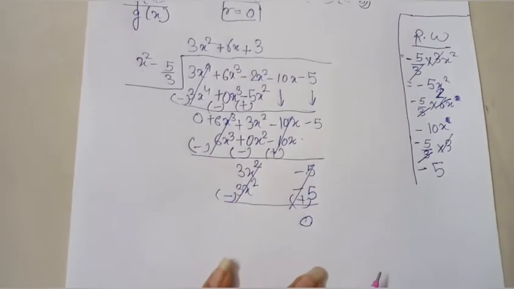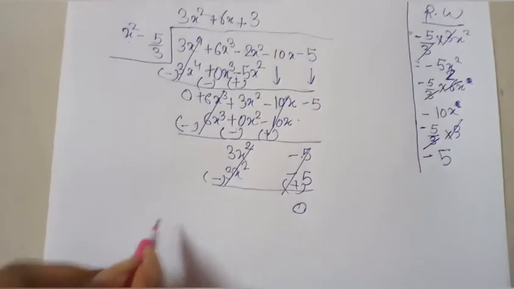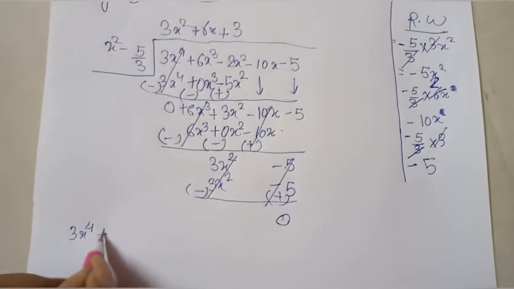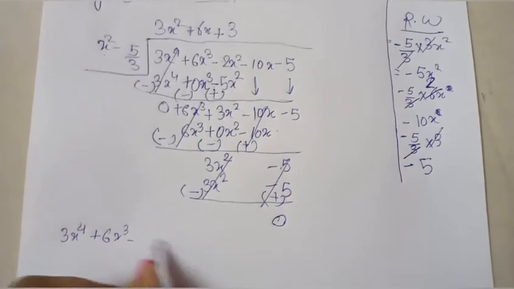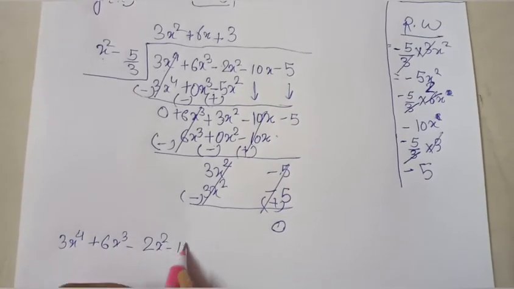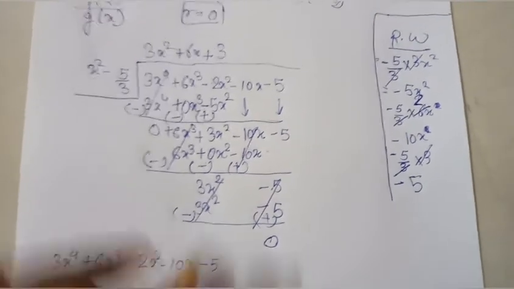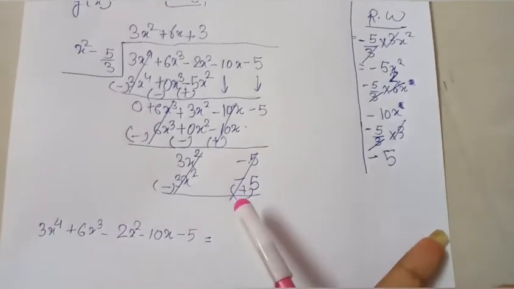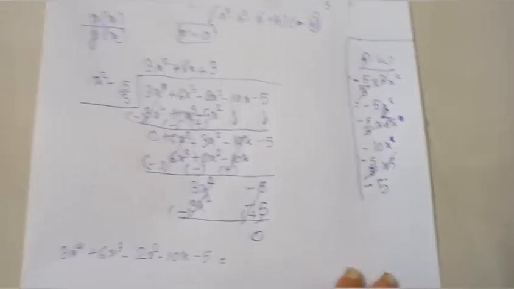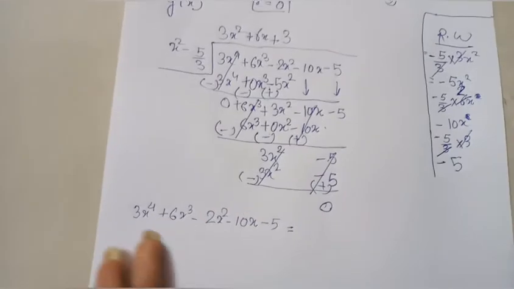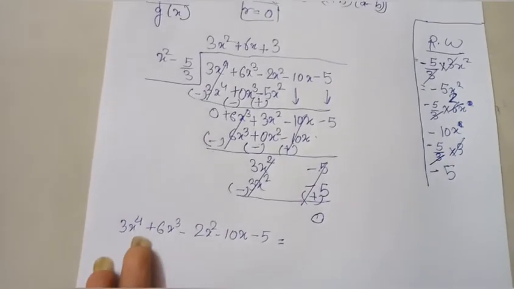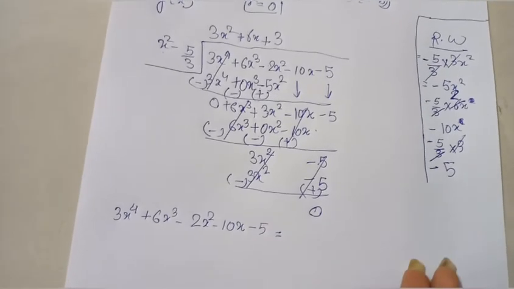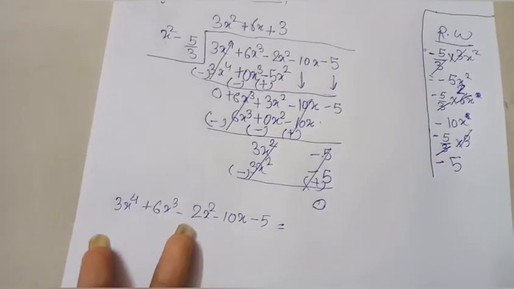Now what can we do? We can write it like this: 3x^4 plus 6x cube minus 2x square minus 10x minus 5. Basically we are writing this polynomial equal to all its factors, because the multiplication of all the 4 factors will give us this polynomial, as it has 4 zeros. So we can write the multiplication of all the 4 factors, and we will get this again.